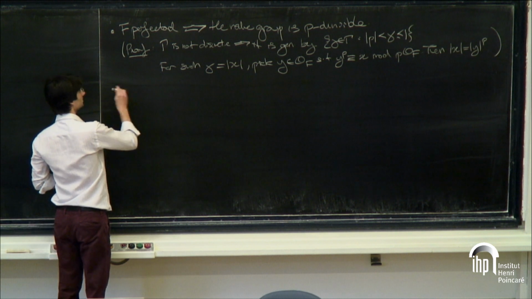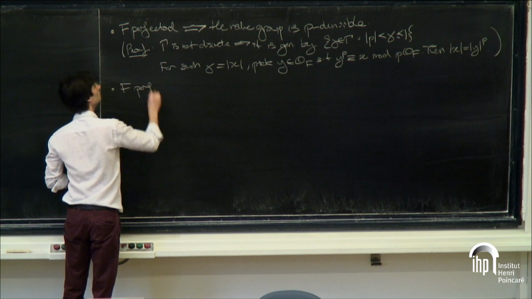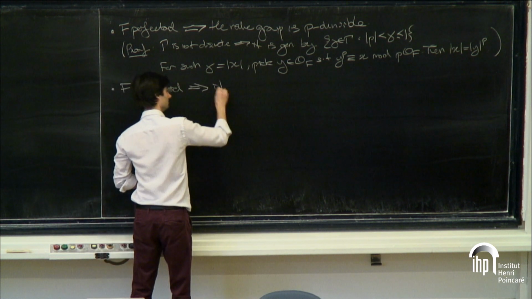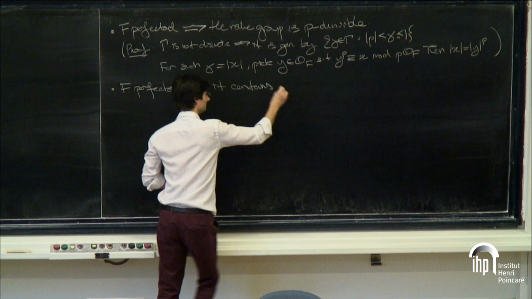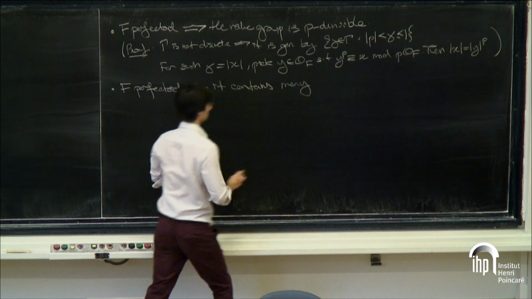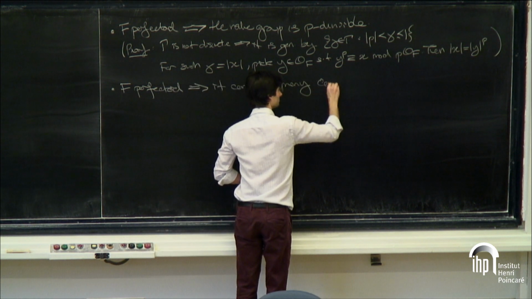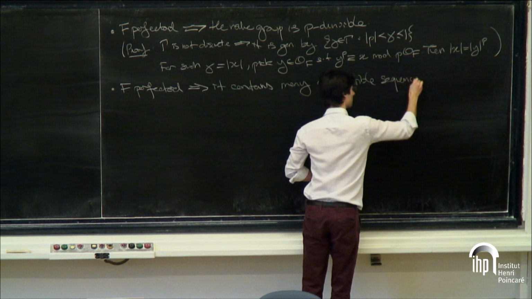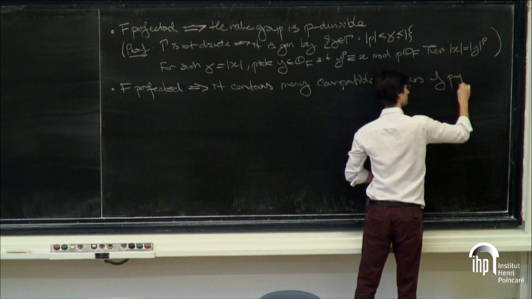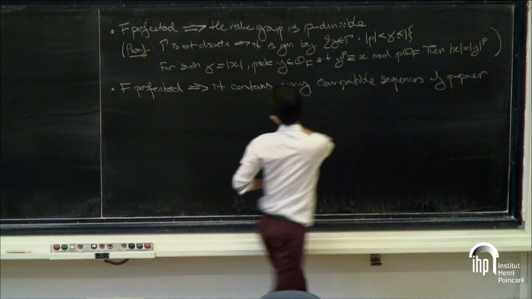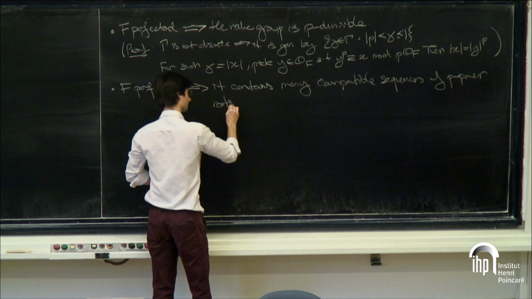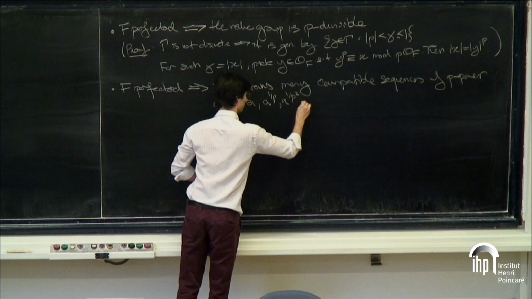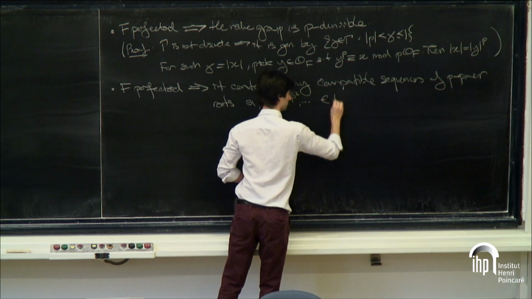In fact, one can go further and check that if F is perfectoid, then it contains many compatible sequences of p power roots: a, a to the 1 over p, a to the 1 over p squared, and so on.